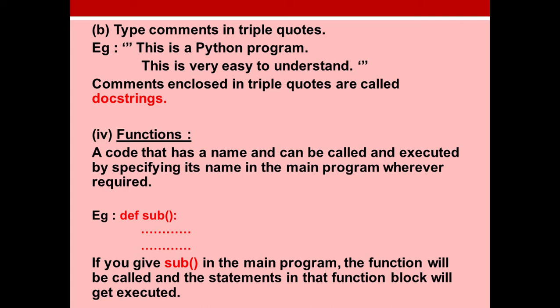And colon indicates that the function is a block. So the dots represent Python statements. So I can give any number of statements within a function. And if I want to execute this function, I should call this function from the main program by just specifying the name. So sub(). The function will be called and the statements given under that function header will be executed.